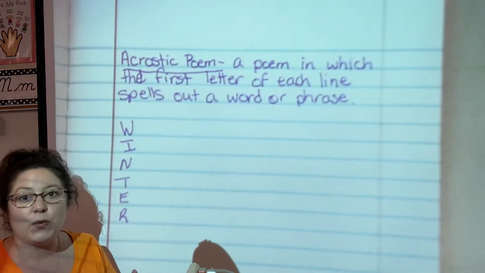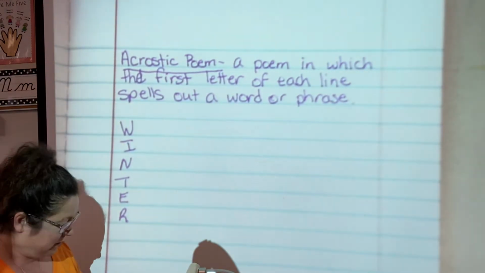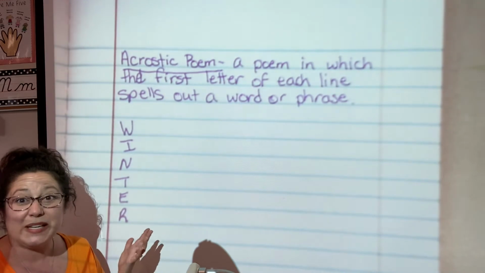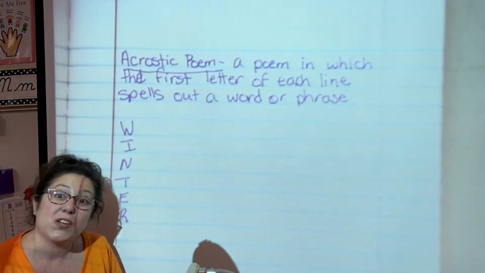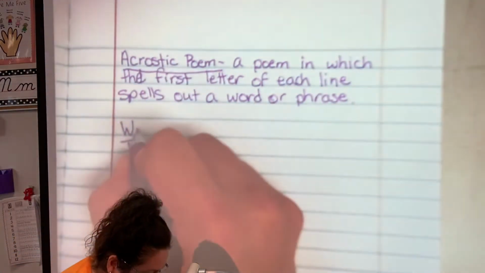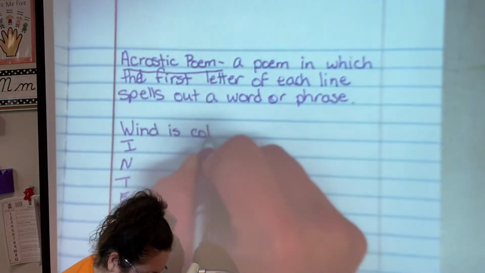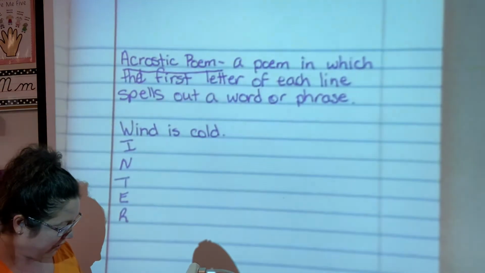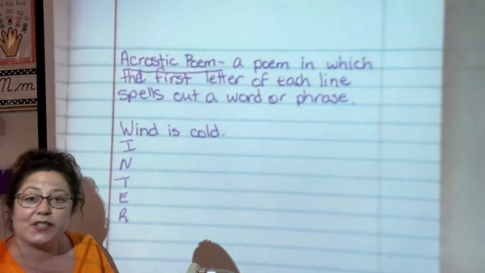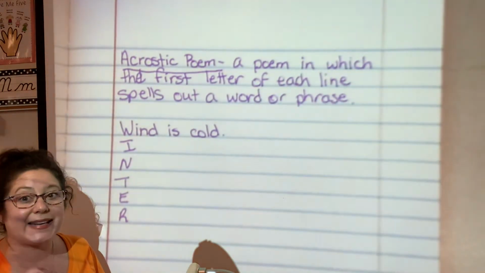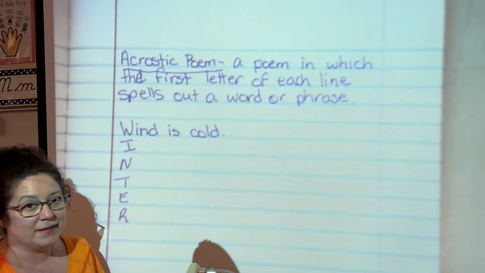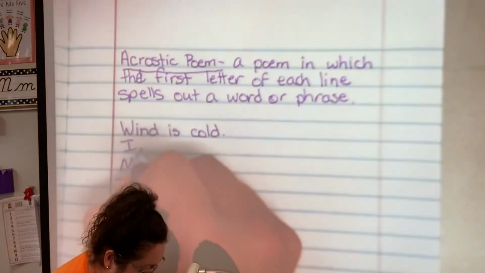So I'm thinking about winter. Everything needs to be about winter. The wind is really cold in winter. And wind starts with the letter W, so that's right. Wind is cold. Okay? The next letter I have to start with something about winter is the letter I. And I bet you can think of a word in winter. Right. Ice.